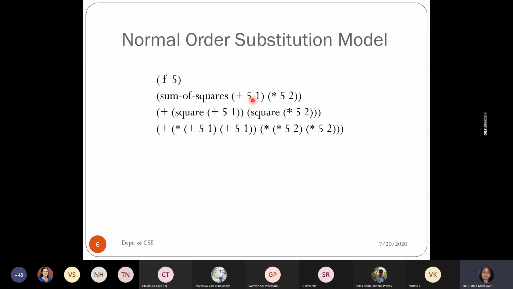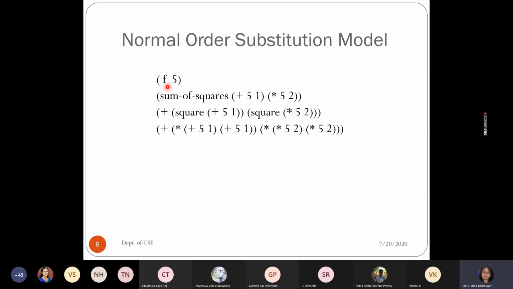Now this will not be evaluated. According to the previous substitution model it is evaluated, but in this case it is kept as it is. The compositions are kept as they are until all the values are known, until the procedure call is converted into primitive compositions.